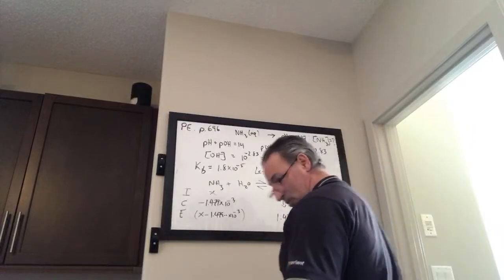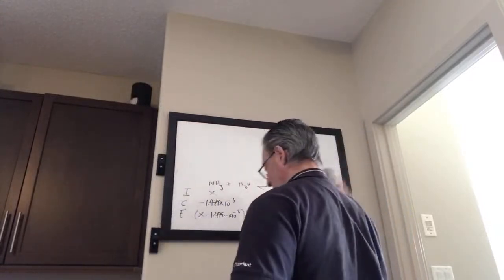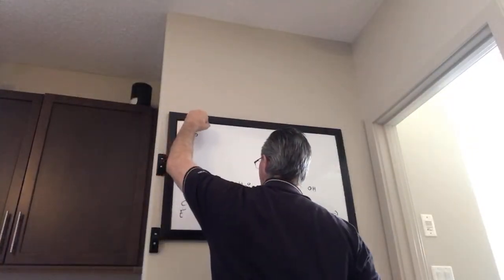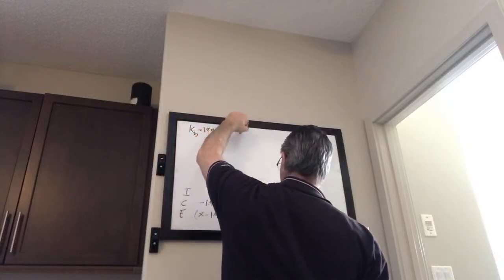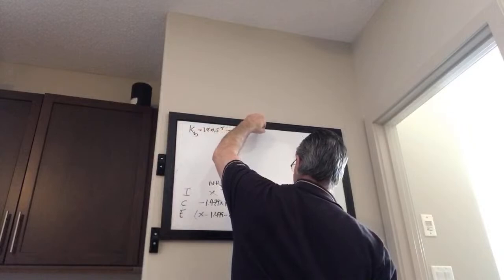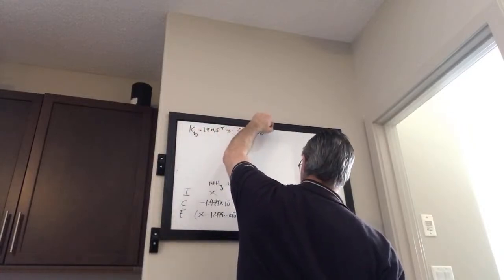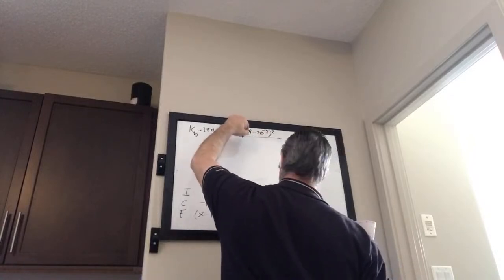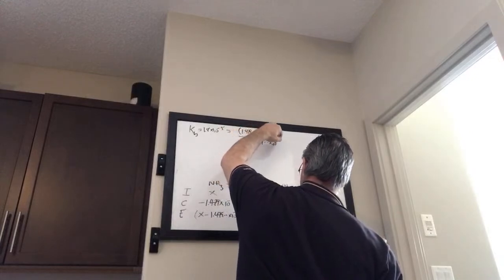So you set up the equilibrium expression for Kb, and the only thing you don't know is X. Kb, which equals 1.8 times 10 to the negative 5 for ammonia, equals 1.479, etc., times 10 to the minus 3, all squared, over X minus 1.479 times 10 to the minus 3.